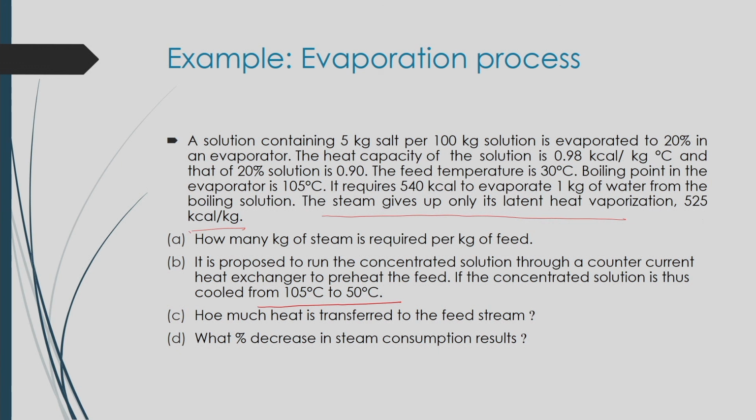if we propose to run the concentrated solution through a counter current heat exchanger to preheat the feed, if the concentrated solution is thus cooled from 105 to 50 degrees Celsius. So, in this way we can also calculate the feasibility, using what will be the amount of steam for that evaporator.